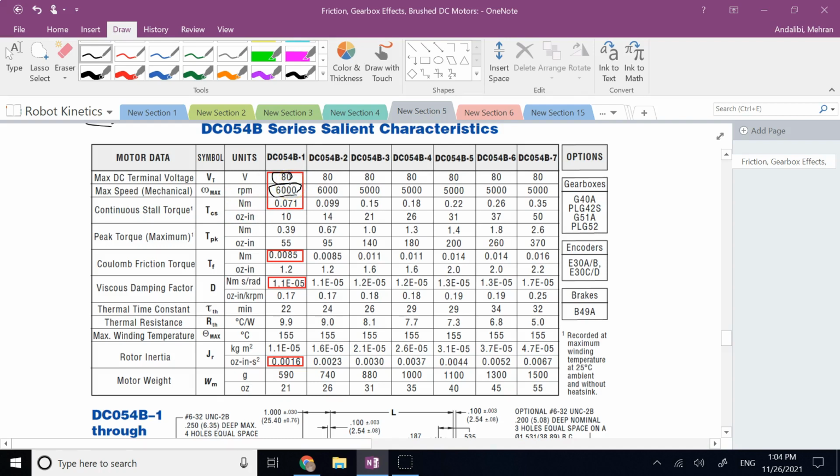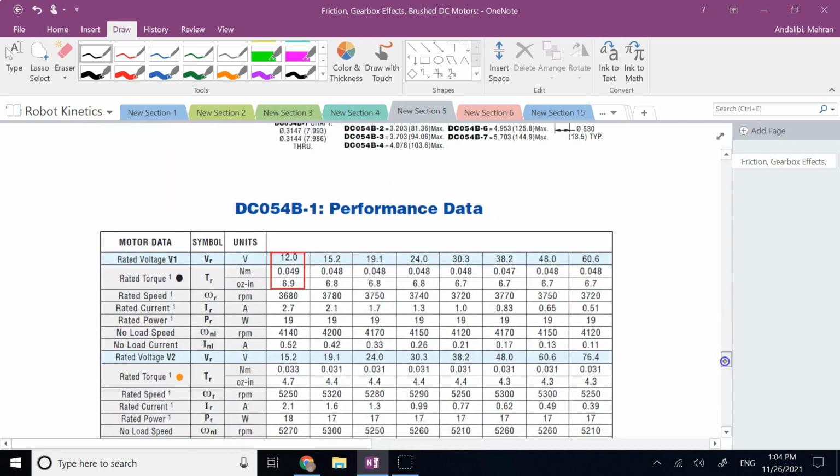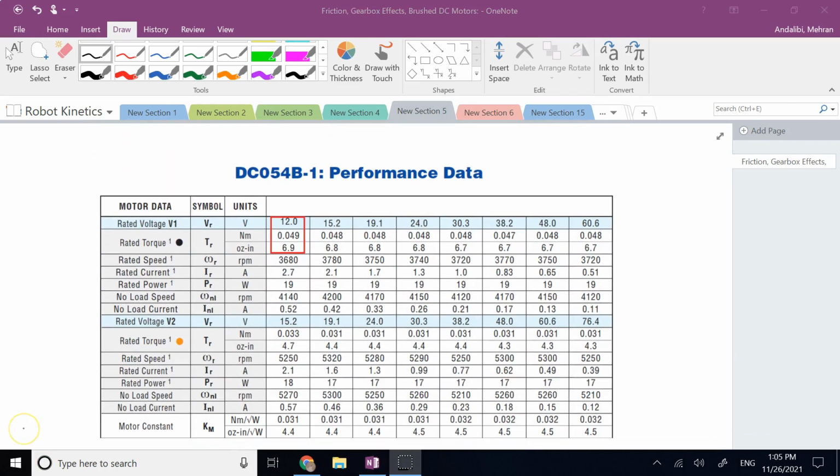And you might say, well, what is the rated speed that I'm supposed to really use these motors at? Is that below 6,000? So if you go down here, you see that you have a rated voltage, a voltage that the manufacturer is expecting you to apply, not 80 volts.